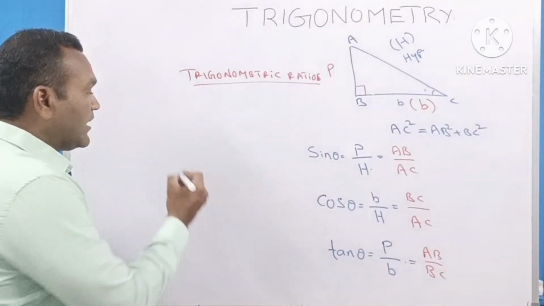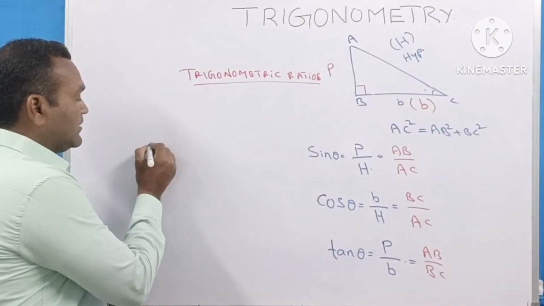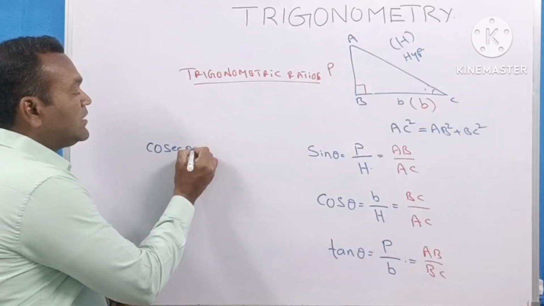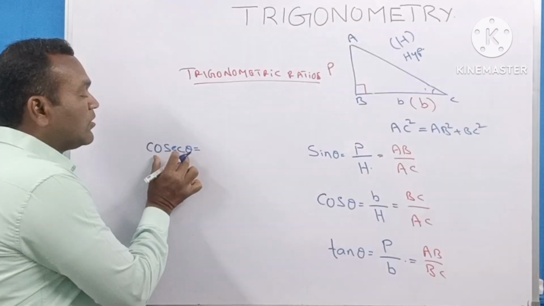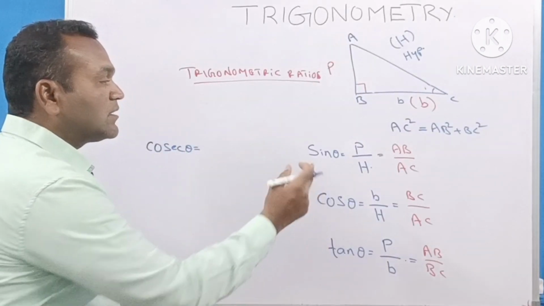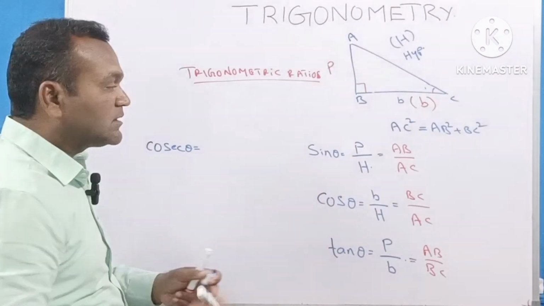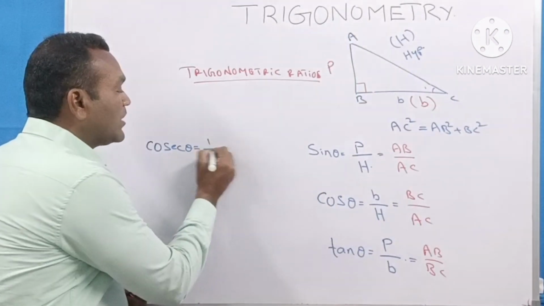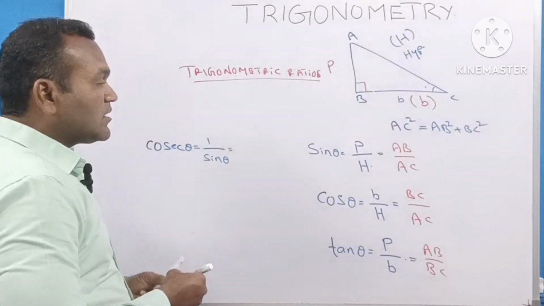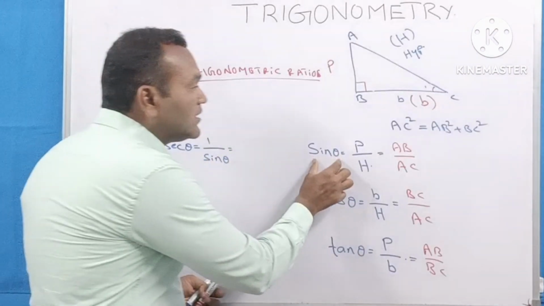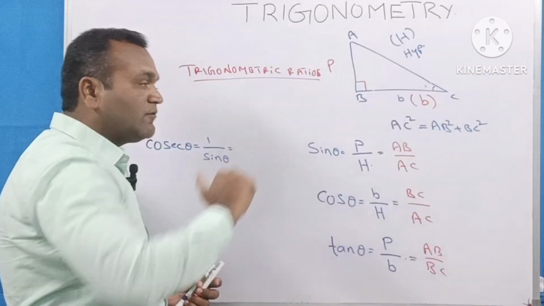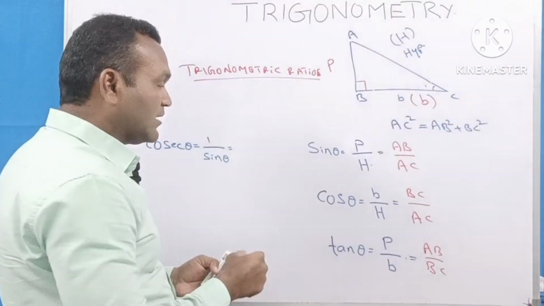Next, we have cosec. Cosec theta is always equal to the inverse, or reciprocal you can say, 1 by sin theta. What is the formula of sin theta here? AB by AC. So it will be in the reverse way, reciprocal.